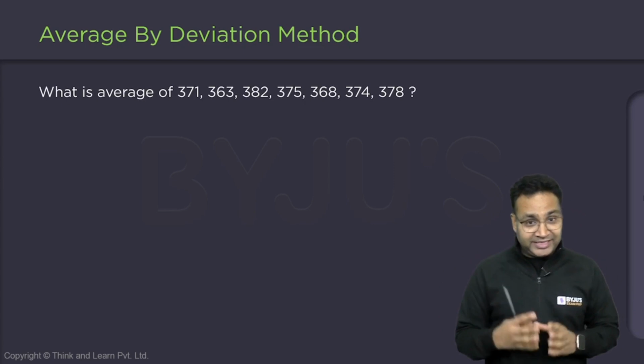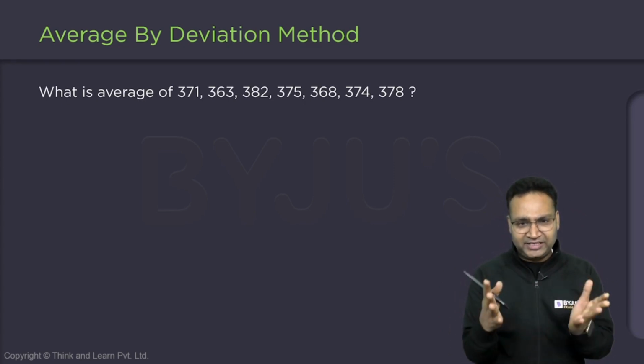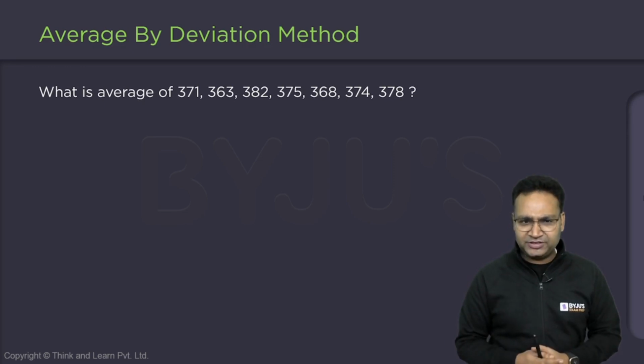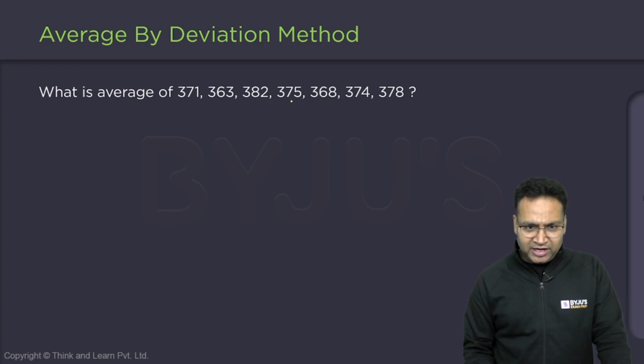Now, the second thing is, by looking at these numbers, let me sense one number which I think can be the estimated average. So let's say, by looking at these numbers, 371, 375, 374, let's say the average is 375.